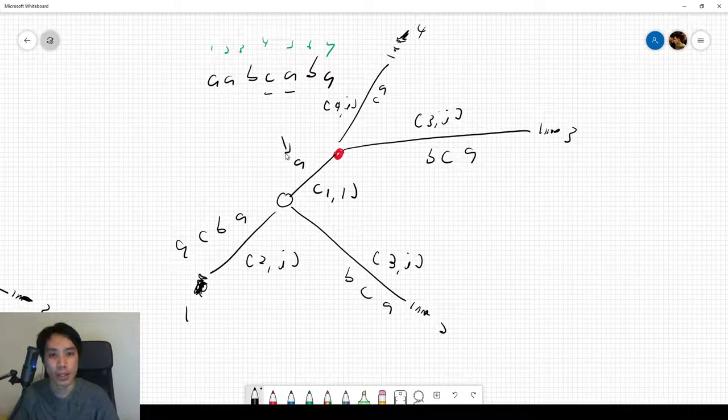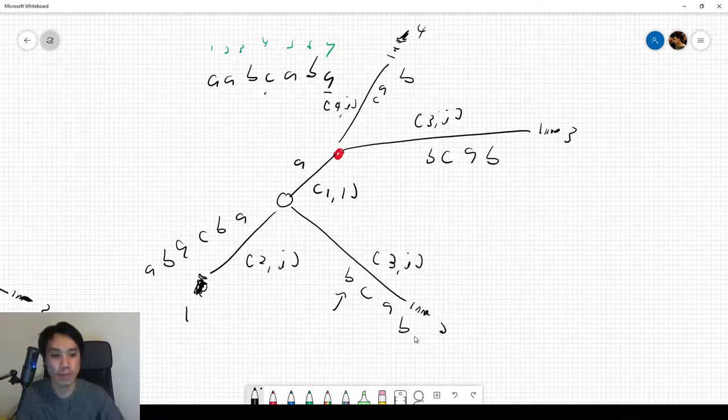Next one will be A, add in my A, okay? Then I have an A which is pointing here. Next one which is a B, already exists, B, B. My pointer is now pointing here. Next alphabet will be A, okay? So now I'm looking at A, adding the A, okay?